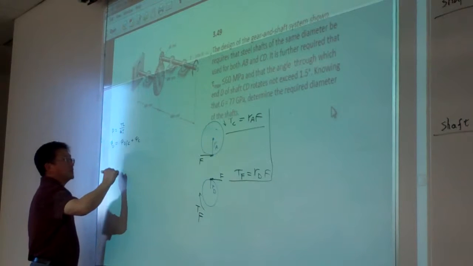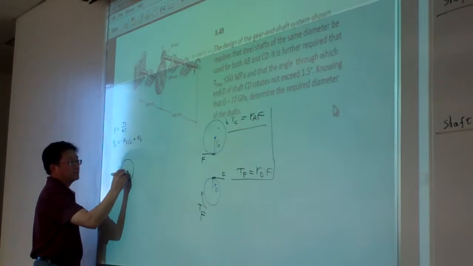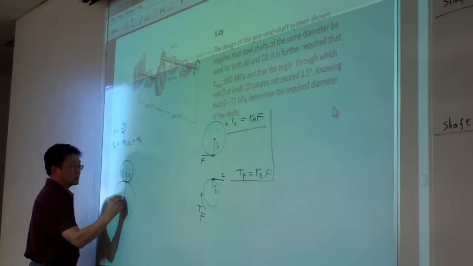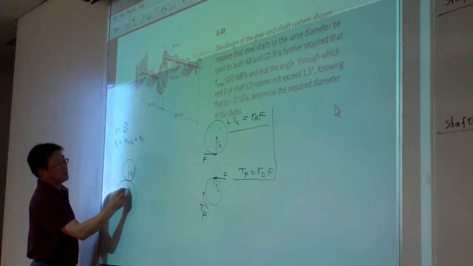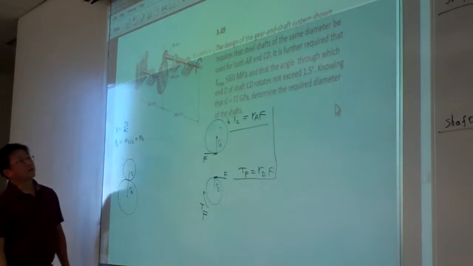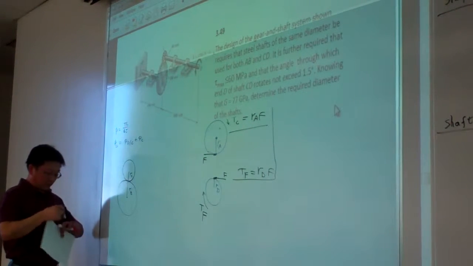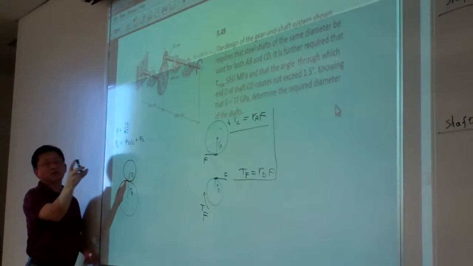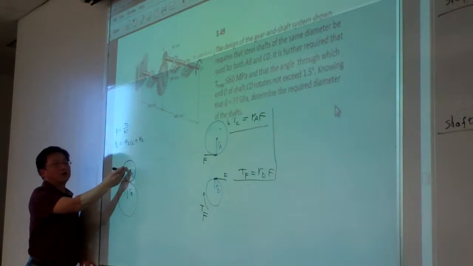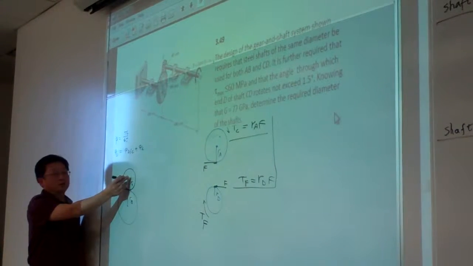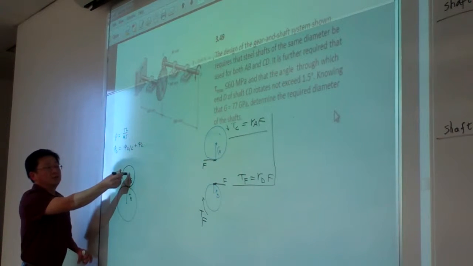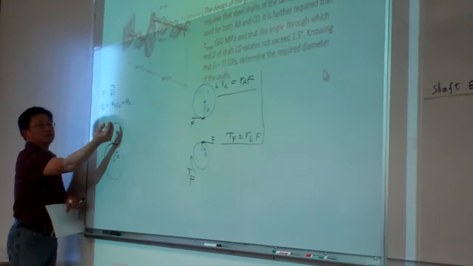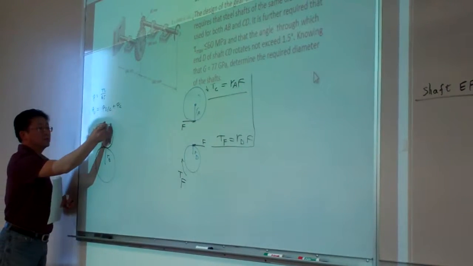In a similar way, this is the gear C, this is RC, this is the gear B, RB. So this is the shaft linking to the gear C. So we apply the torque to here, and the torque transmitted to the gears in this direction.